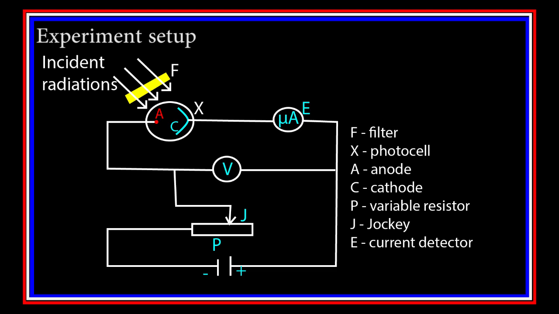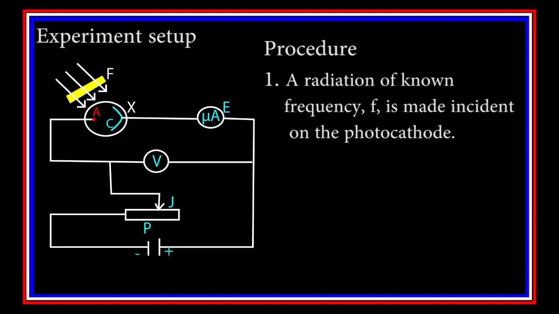It consists of a photocell X, a filter F, a variable resistor P, a key J, and an electric detector E. Procedure. A radiation of known frequency f is made incident on the photocathode.